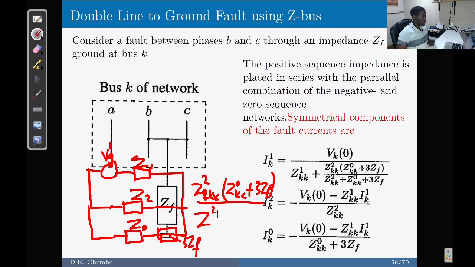So Z2KK, because we're dealing with a parallel impedance here, plus Z0KK plus 3ZF. And this is what you see here. This is a parallel system that is added now in series to this system, and we obtain our equations like so.